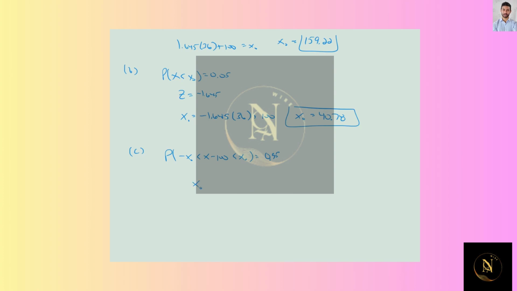And so in this case, x naught would be equal to 1.96, but then we would just multiply it by the standard deviation. And that is 70.56.